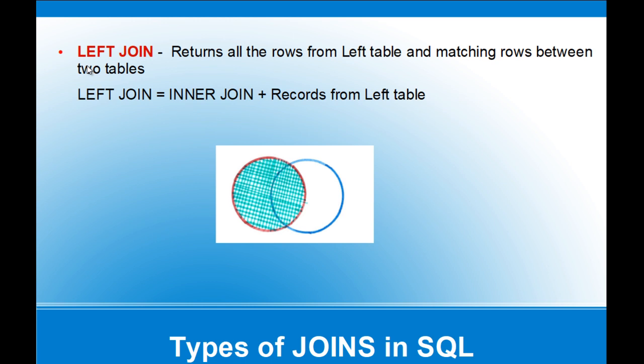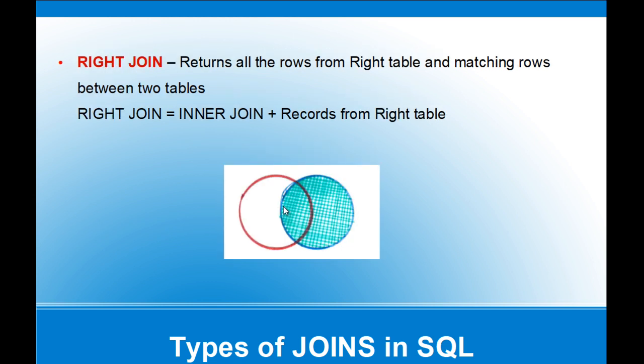Next comes the left join, which returns all the rows from the left table and matching records between the two tables. Essentially, left join is nothing but inner join plus records from the left table. Next comes the right join, which gives all the records from the right table and matching records between these two tables.